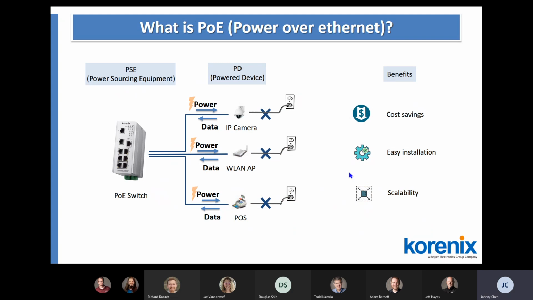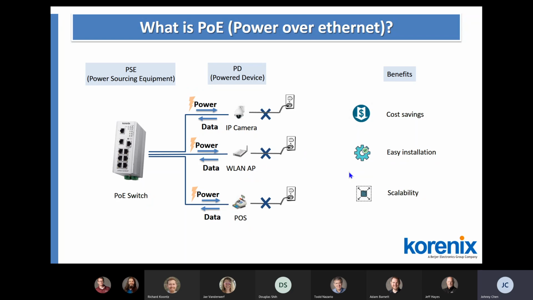Okay, so now let's talk about PoE, Power over Ethernet. Power over Ethernet means that if the switch supports PoE, it is responsible for providing data and power at the same time over the Ethernet.